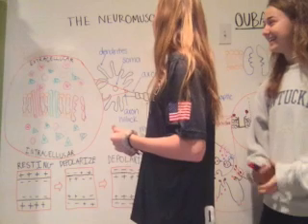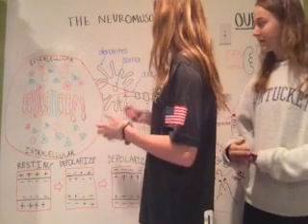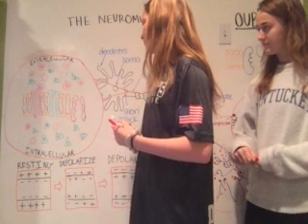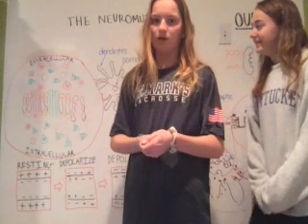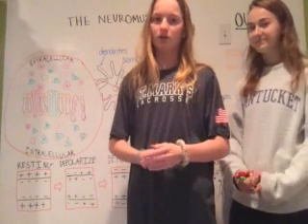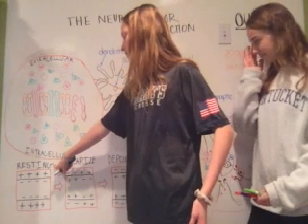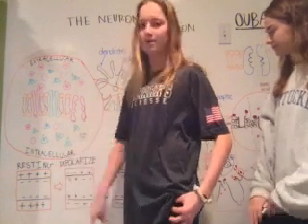So, the neuromuscular junction starts with the action potential, which you can see right here at the axon hillock membrane. On the outside of the cell, we have a high concentration of sodium ions. On the inside of the cell, we have a high concentration of potassium ions. Right now, the membrane is at resting membrane potential at negative 70 millivolts.